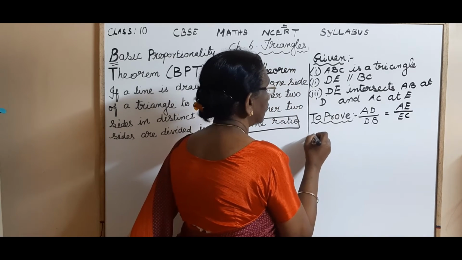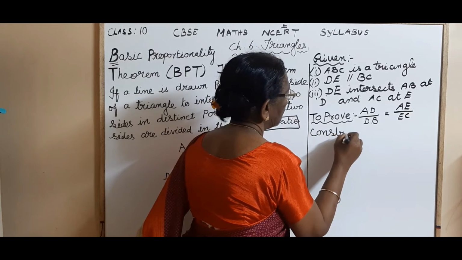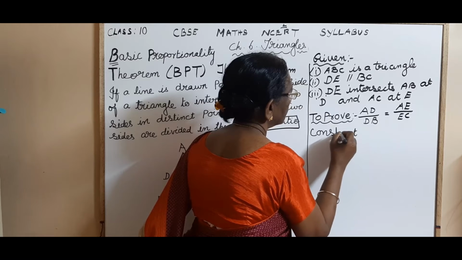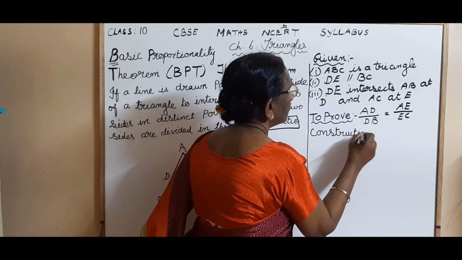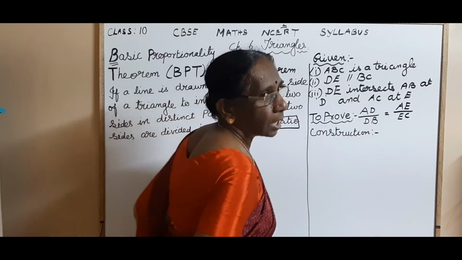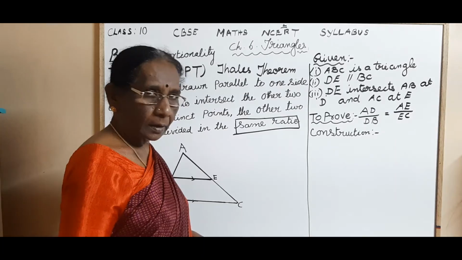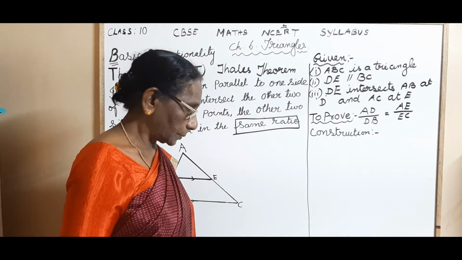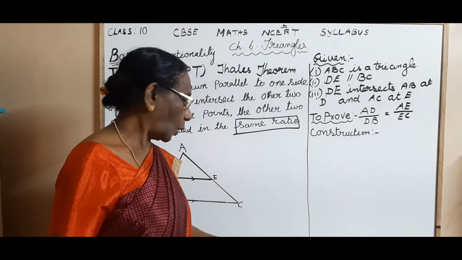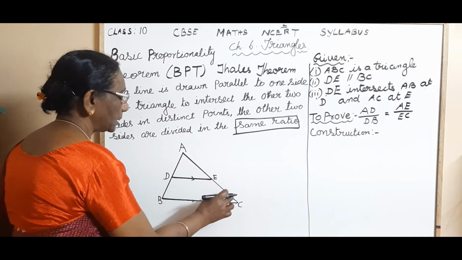Now the fourth step, construction. For proving these 2 ratios are equal, we have to do constructions. What are the constructions? First, you should join BE and CD.